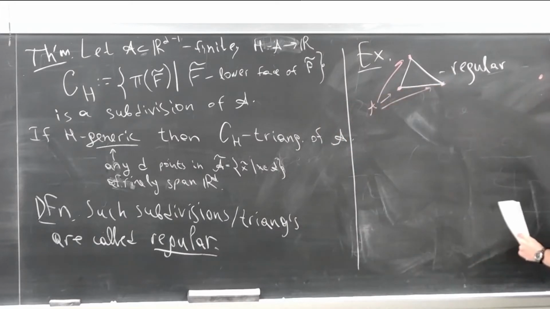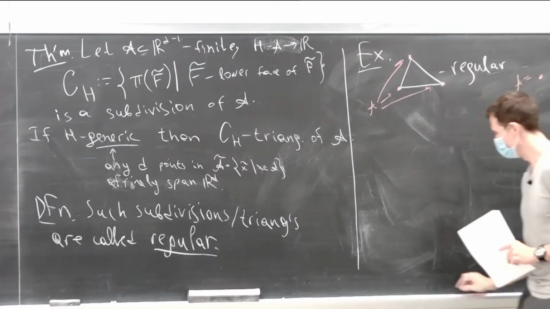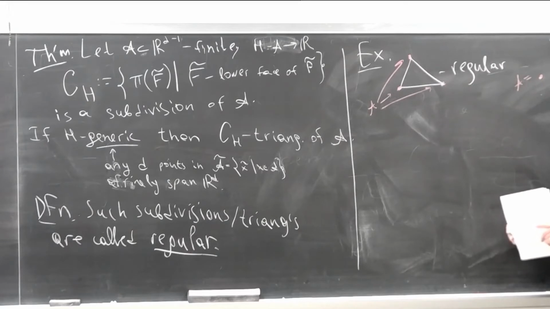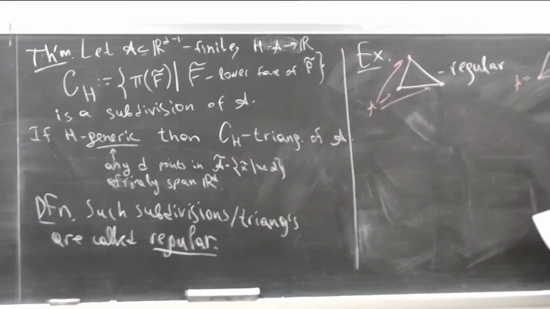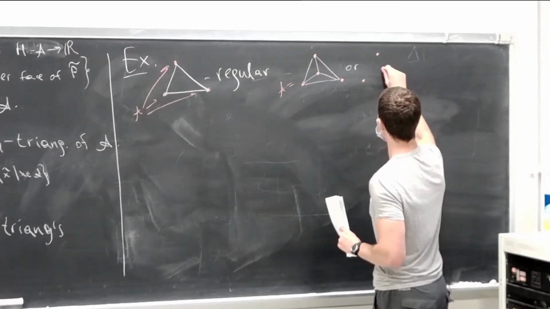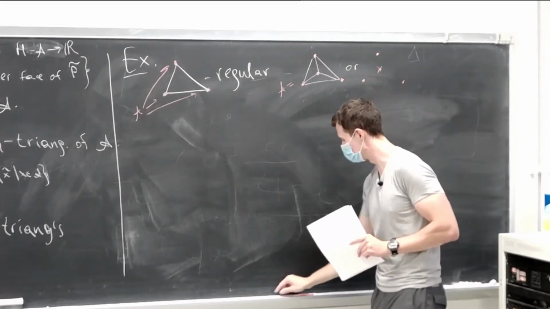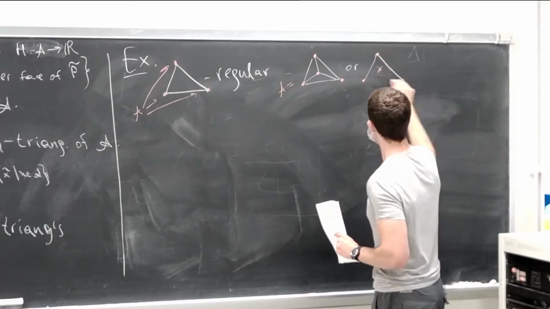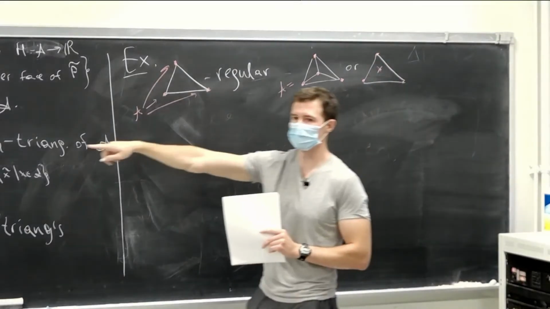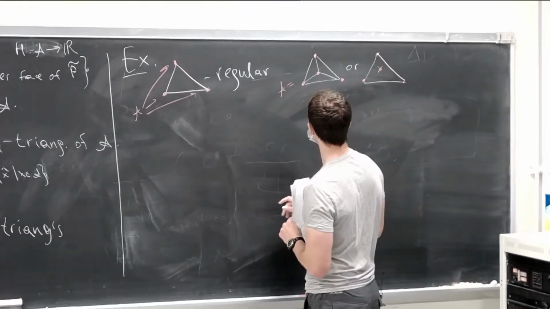If A is a triangle with a point inside, then what would be a regular triangulation? Or you can still have the four vertices, but you're not going to use the middle one, and still use only the whole triangle. So these are the two pictures we get from there.